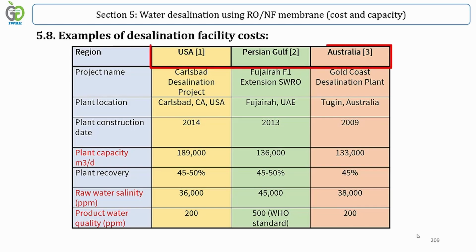As you can see, there are three projects in different locations in the world that are compared: projects in the USA, Persian Gulf, and Australia.